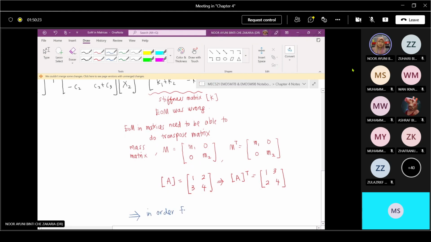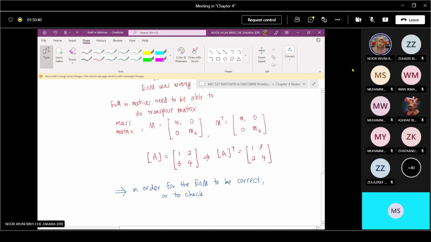In order for the equation of motion to be correct, or to check, or to balance the equation, when one matrix is transposed, it doesn't change the matrix.